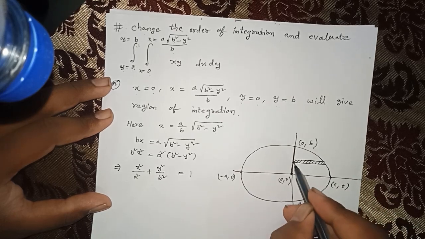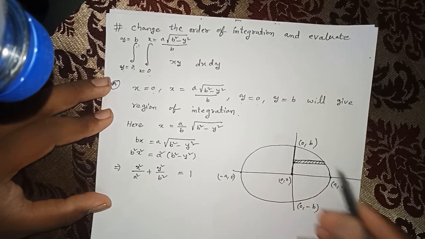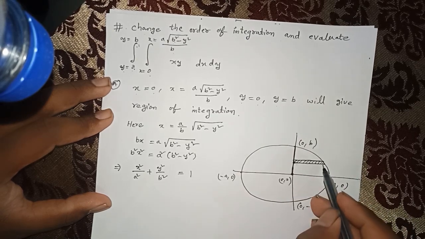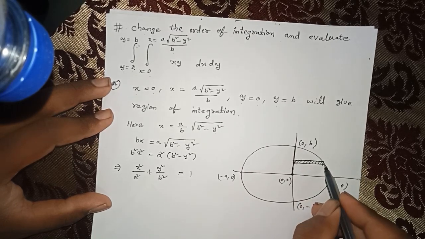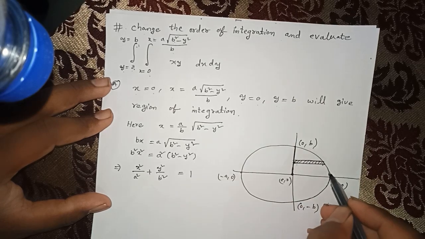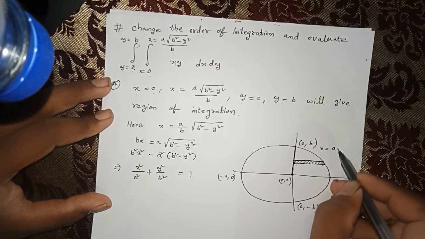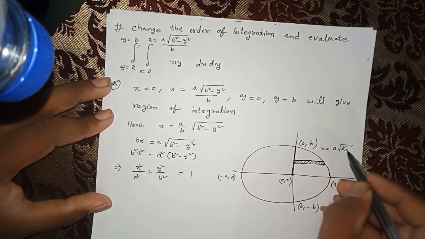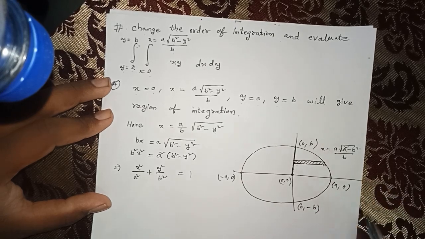Therefore, as per the given problem, this is a horizontal strip. This horizontal strip lies in between x equals 0 and the curve x equal to a into square root of a square minus b square by b. Actually, it is an ellipse.